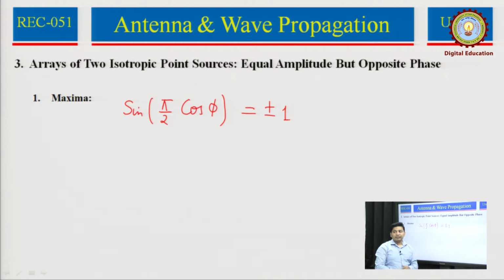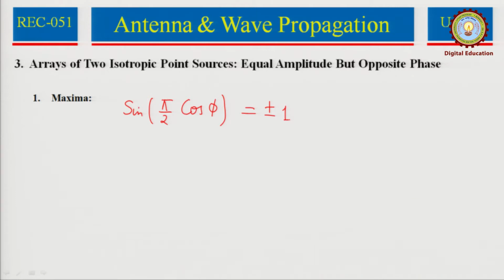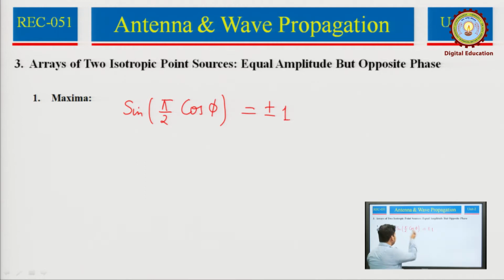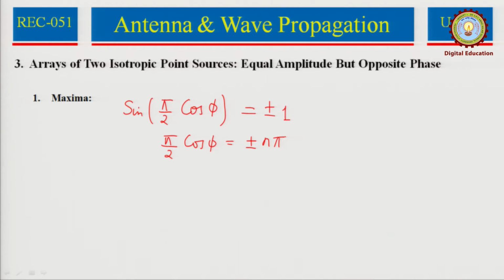Now you have to find at which angle the sine has value 1. Sin 0 is 0, and sin 90 is 1, that is, it is a multiple of n pi. So, we can eliminate the sine term by setting pi by 2 cos phi equal to plus or minus n pi, where n is an integer varying from 0, 1, 2, 3 and so on.